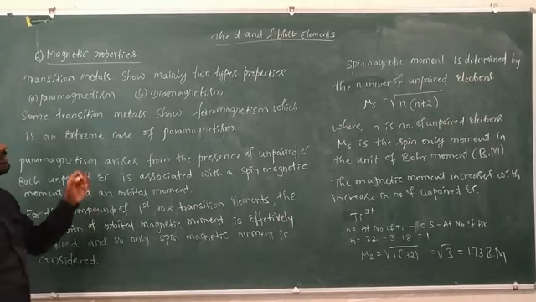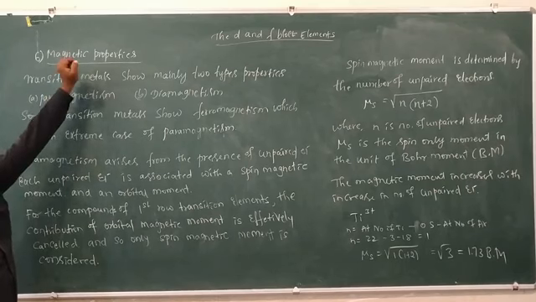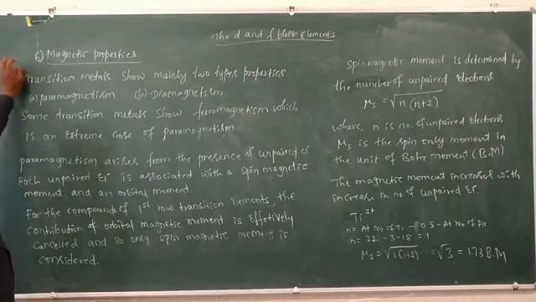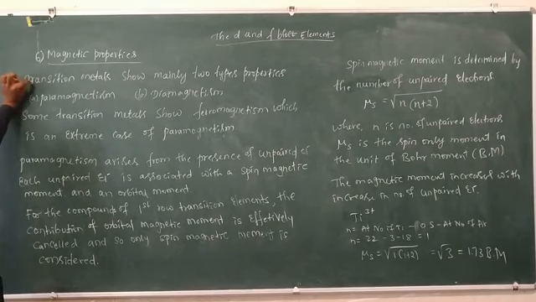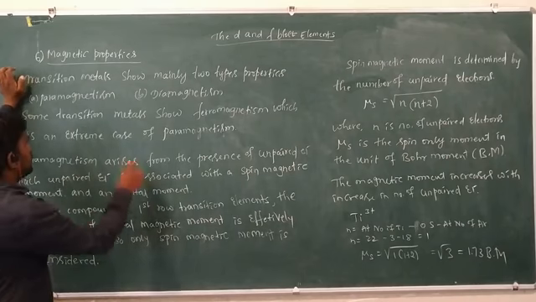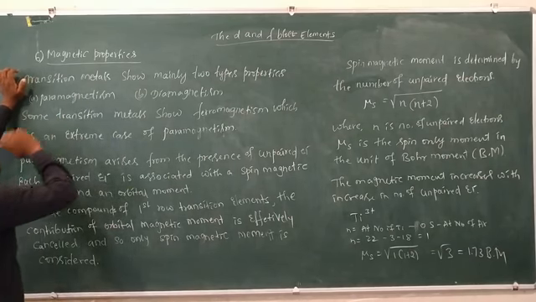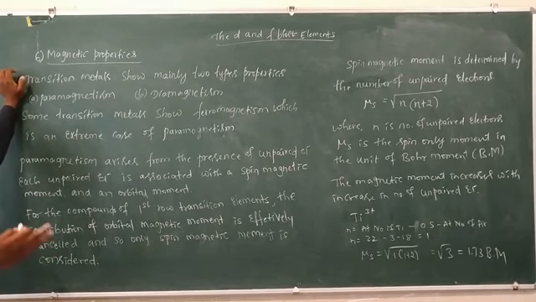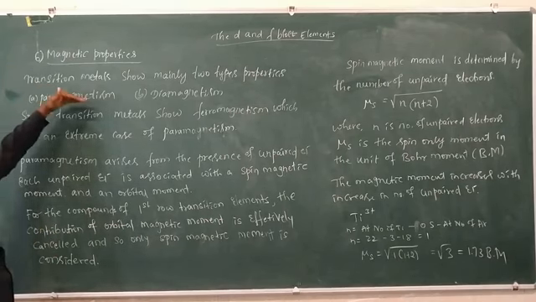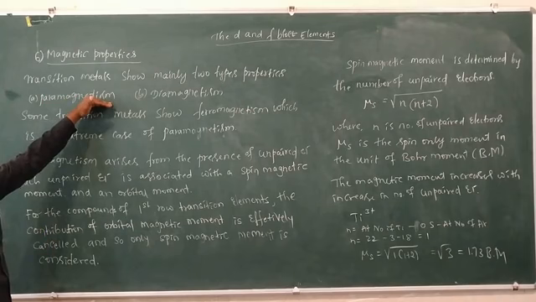Next, general properties: magnetic properties of transition elements. Transition metals show mainly two types of behavior, paramagnetism and diamagnetism. Paramagnetism means the metal is slightly attracted toward a magnetic field.